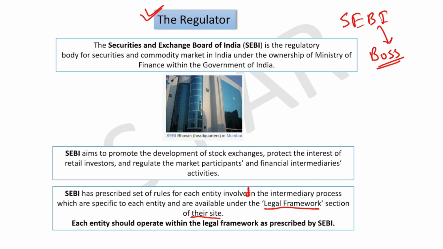So if you want to check what rules are set by SEBI for the different market intermediaries, you can go to the website of SEBI, go to legal framework, and check the rules that have been set for each entity, and each entity has to work within those rules.